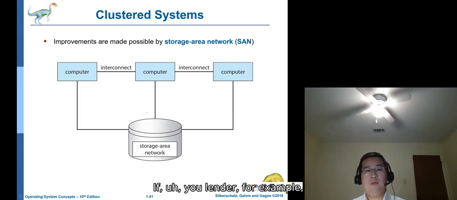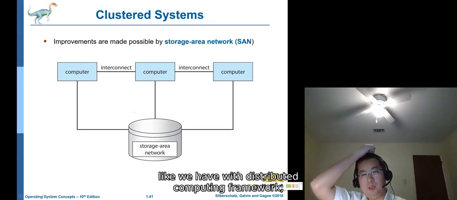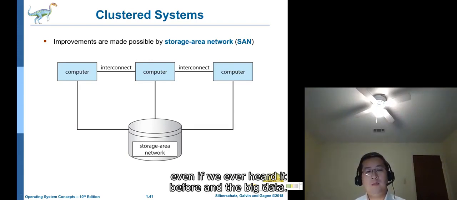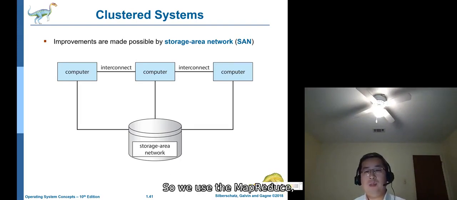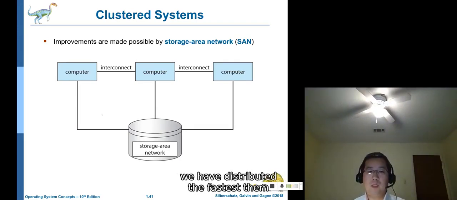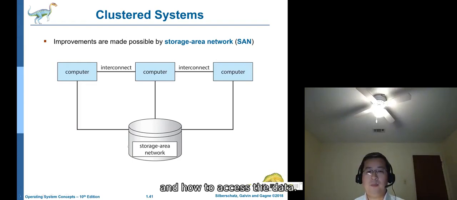If you have learned about distributed computing frameworks, or ever heard of big data, we use MapReduce. We have a distributed file system, which defines how to access the data, and then Hadoop.